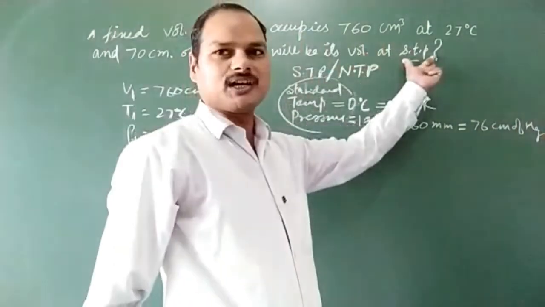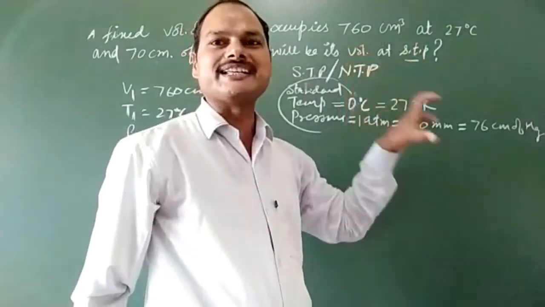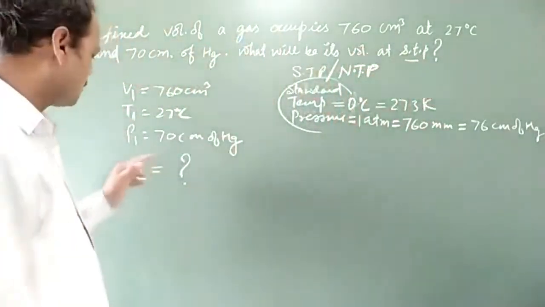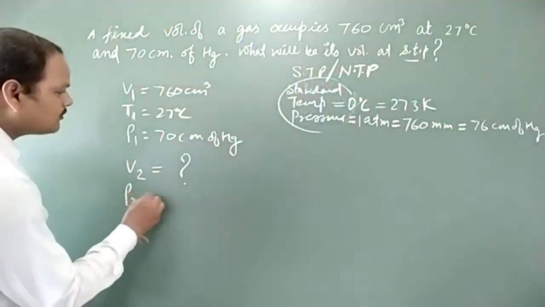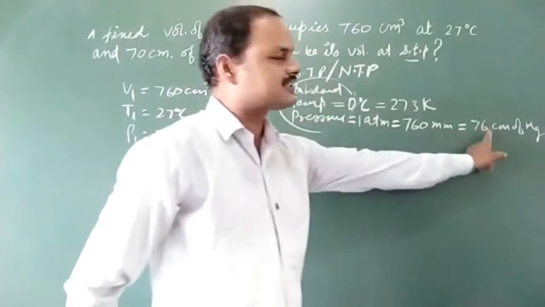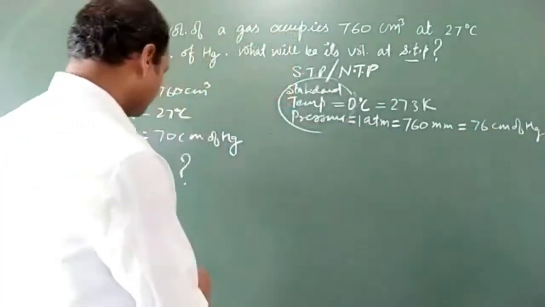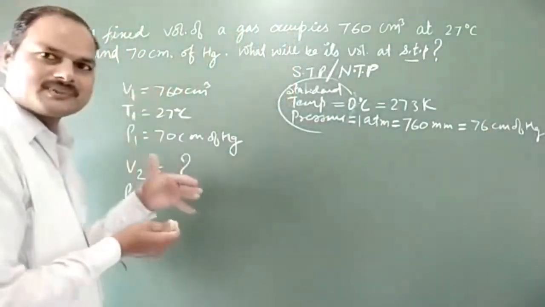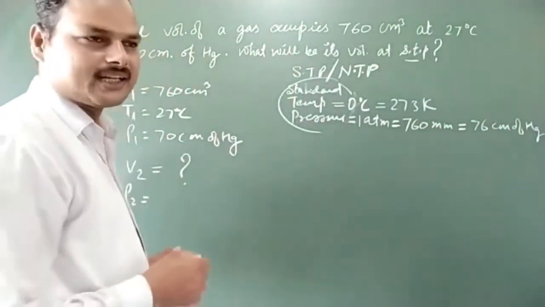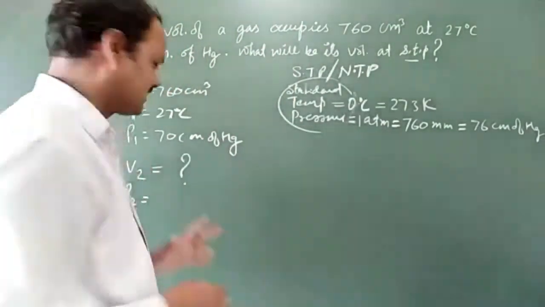Now, with the help of this word, values for two quantities are given in this numerical. So we can put here P2. Here pressure is given in centimeter. Therefore, we have to use this value for pressure, because there should be same type of units for same quantity in any numerical. Otherwise, we will not get correct answer.